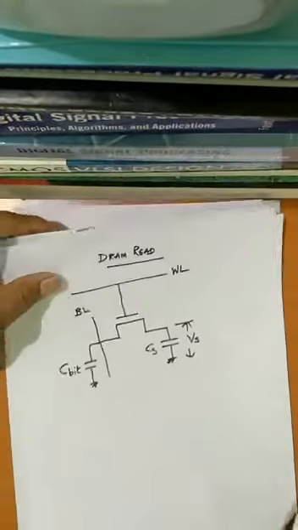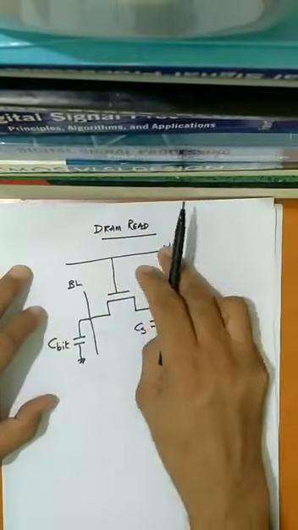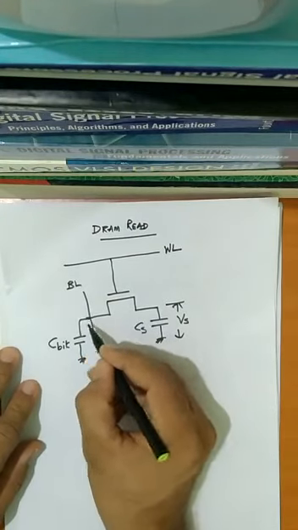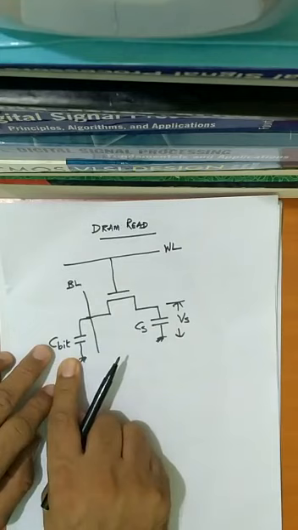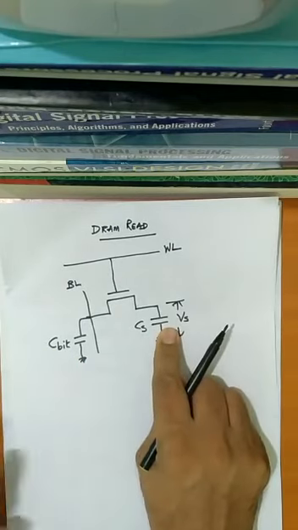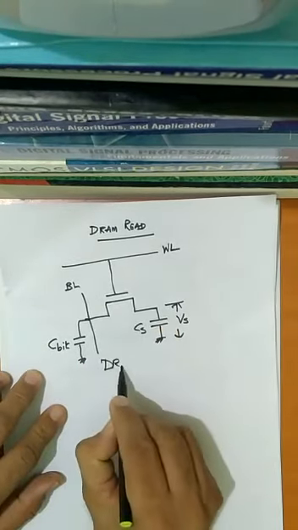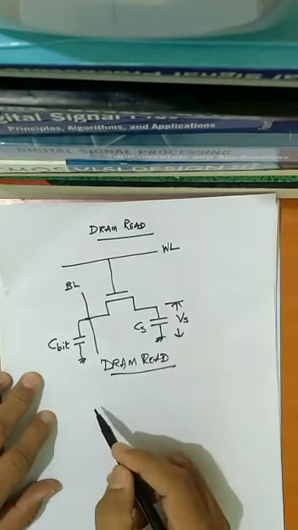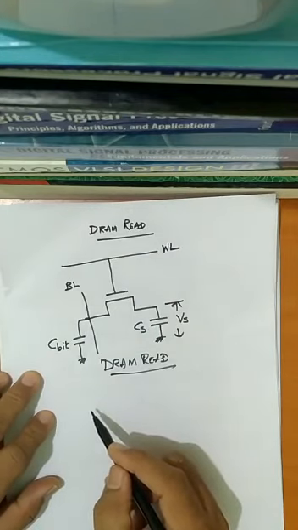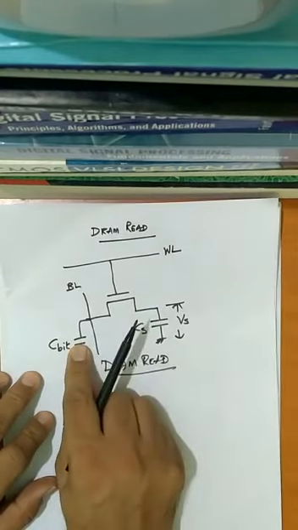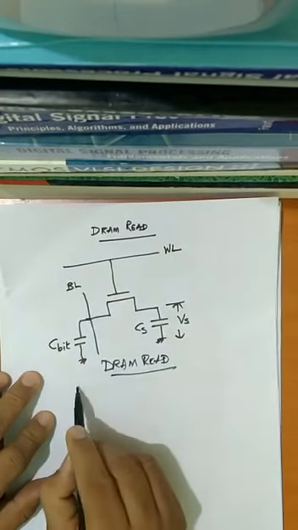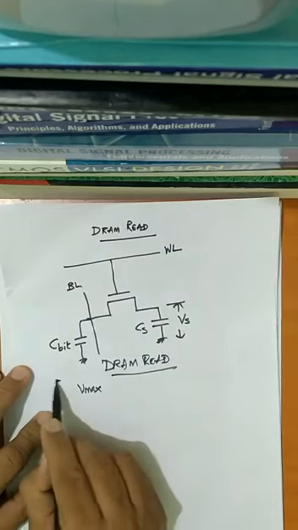Then let us see DRAM read. So this is my DRAM. This is the word line and this is my bit line. The capacitance associated with the bit line is shown as C bit. This is Cs. During the DRAM read, which is important, charge moves from the Cs to the C bit.